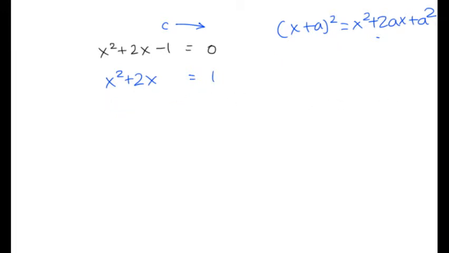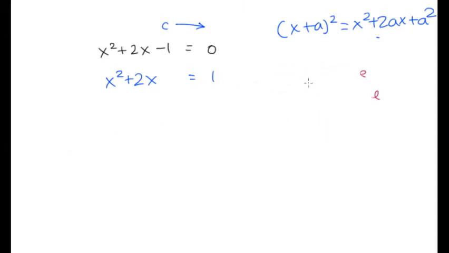Well, we take the b term, this is the b term right here, we halve the b term, so we divide it in half, so 2 divided by 2 is 1, so that's us halving it. And then we square that, so 1 squared is just 1. So first we halve it, and then we square the b term here.